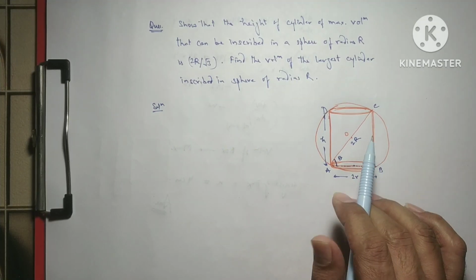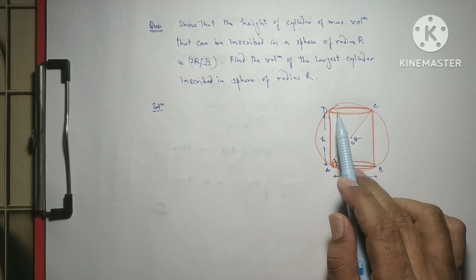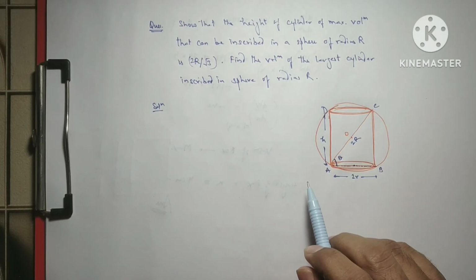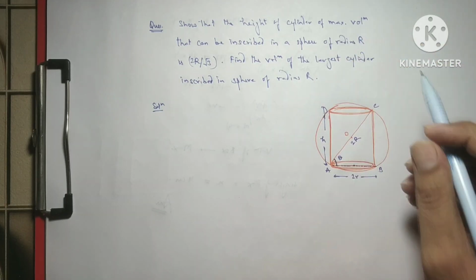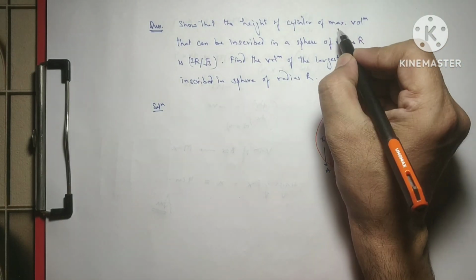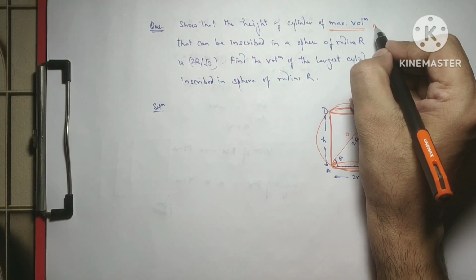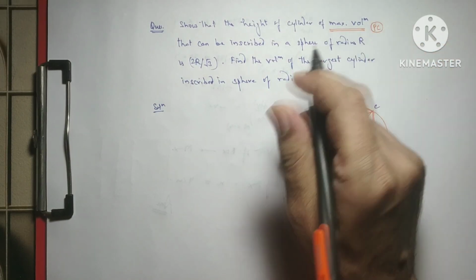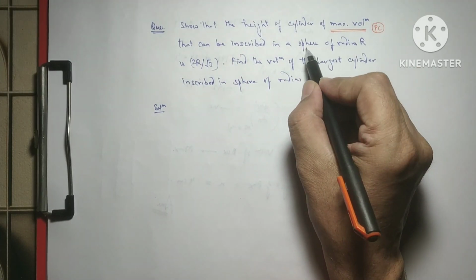Right now the next question of maxima minima for a 3D object is a cylinder. We have a cylinder of maximum volume. So the volume is maximum, and this is your proving condition, and this is inscribed in a sphere of radius r.